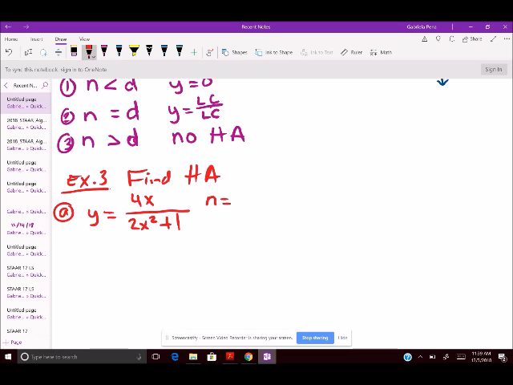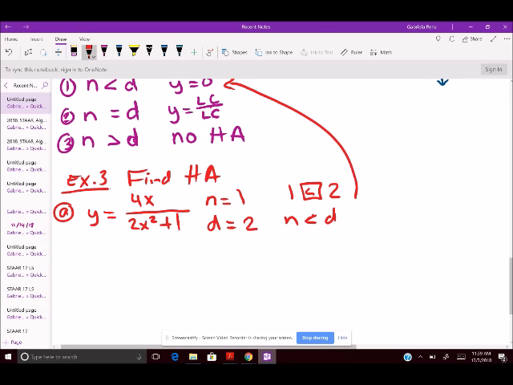What is it? 1. The degree of my denominator is 2. Is 1 greater than, equal to, or less than 2? Less than. So the numerator is less than the denominator, and my answer is 0. y equals 0. Boom, you're done.